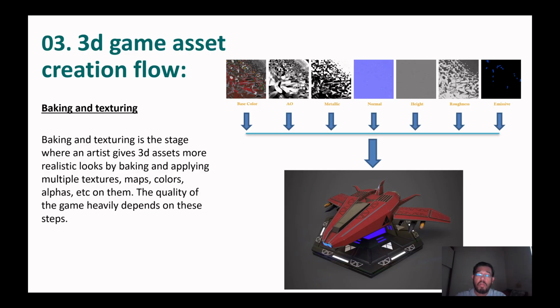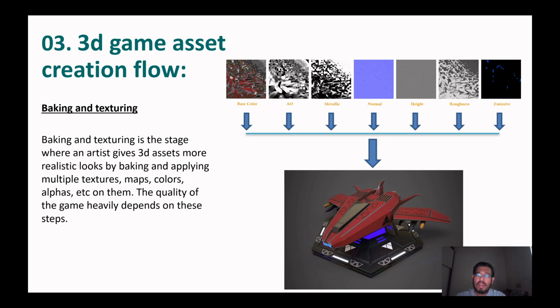Normal map and height are kind of alternatives, but normal map is very important. Normal map is basically responsible for the bumpiness of the surface, how bumpy and how deep your surface is. That sort of thing can be tweaked by the normal map.